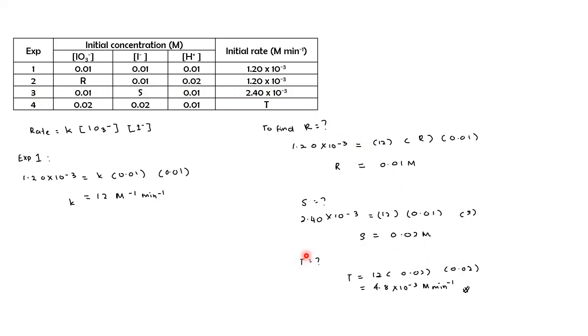And then for the value of T, the rate for experiment 4, you just substitute the value of the rate constant and the concentration of each reactant, and you will get the initial rate for experiment 4, which is 4.8 × 10⁻³ molar per minute.